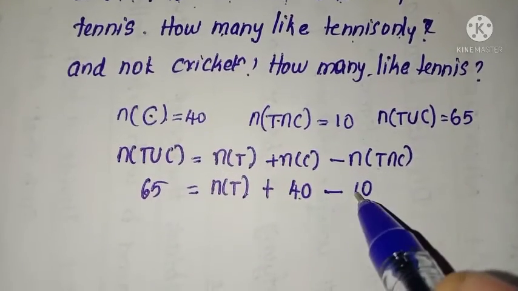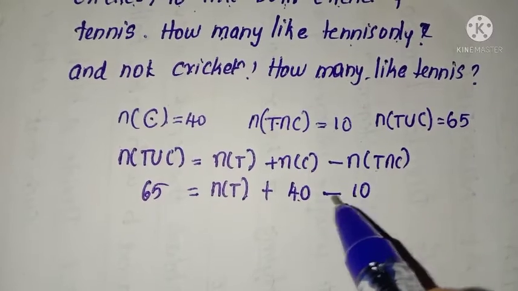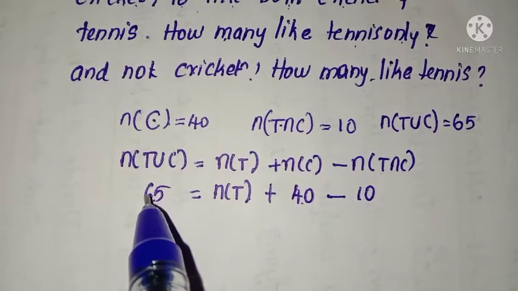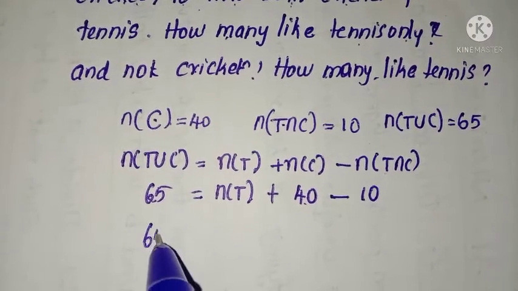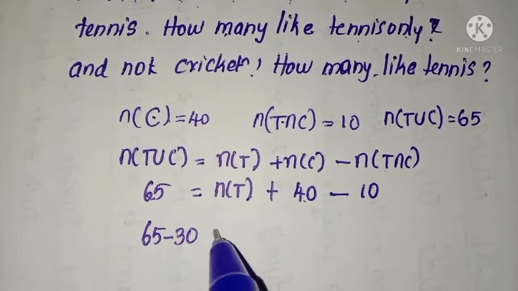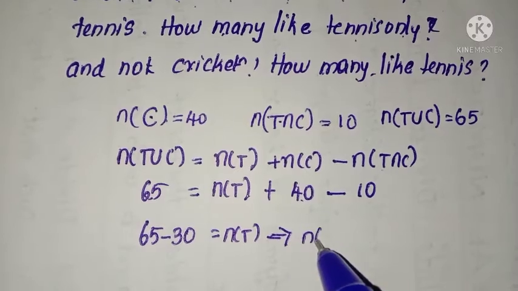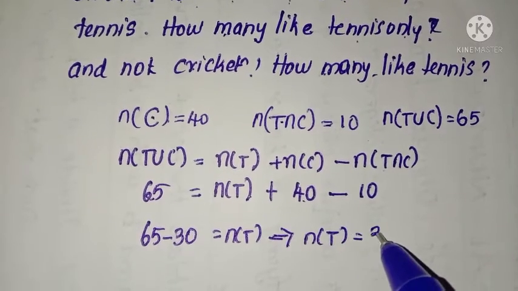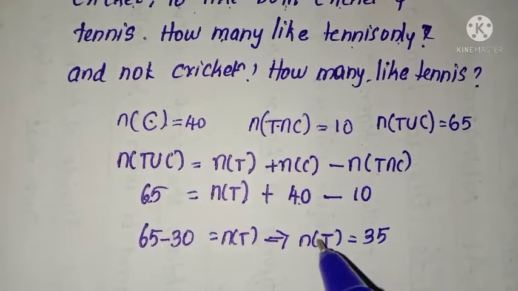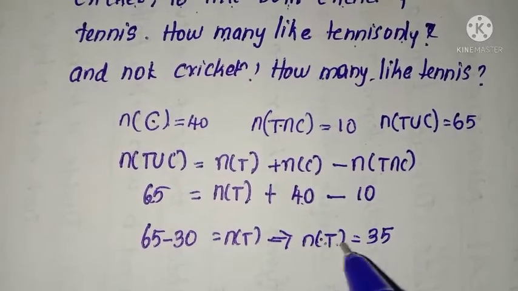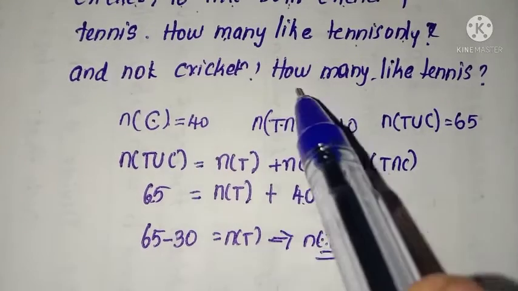Now 40 minus 10 is 30. Take this 30 to the left side. So 65 minus 30 is equal to n of T, or n of T is equal to 35. n of T means the number of people who like tennis, that is 35.